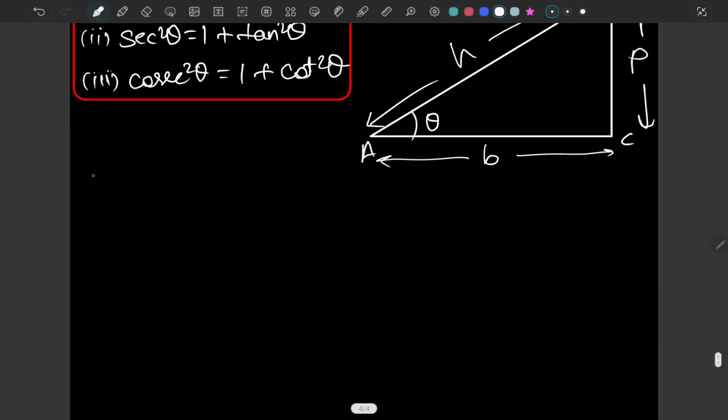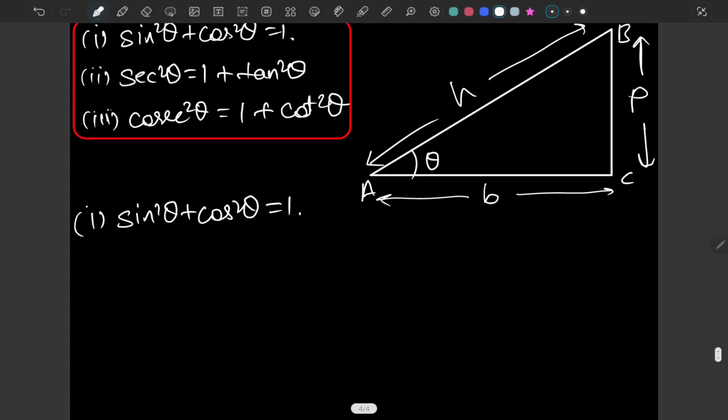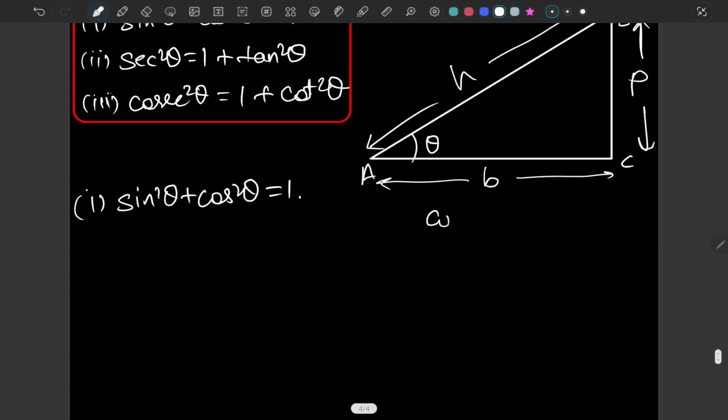Firstly, let's prove the first one, sine squared theta plus cosine squared theta equals 1. If we talk about theta, cosine theta is the side attached to the angle theta, that means b over hypotenuse h.